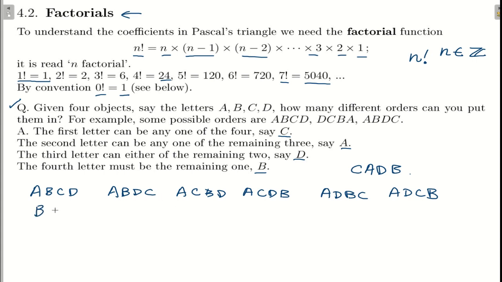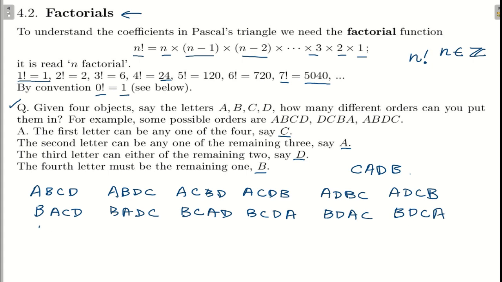So we have B, A, C, D, and B, A, D, C. And then B, C, A, D, B, C, D, A, and then B, D, A, C. Finally we have B, D, C, A.